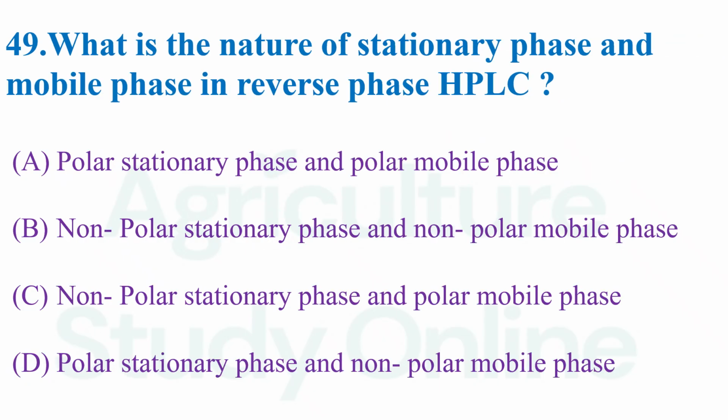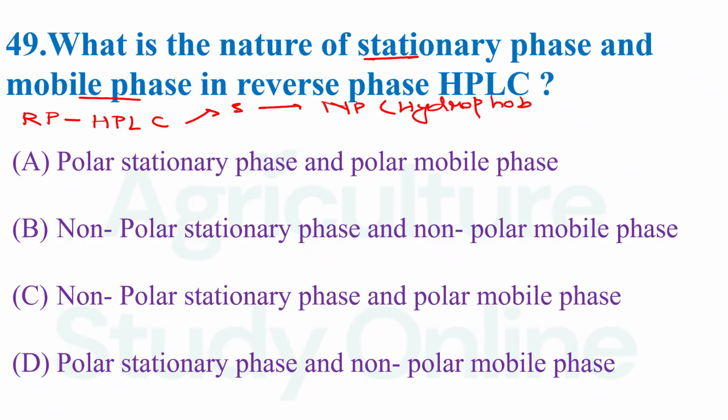Question number 49. What is the nature of stationary phase and mobile phase in reverse phase chromatography? So in reverse phase HPLC, the stationary phase is non-polar, non-polar means it is hydrophobic, and the mobile phase is polar, means it is hydrophilic.